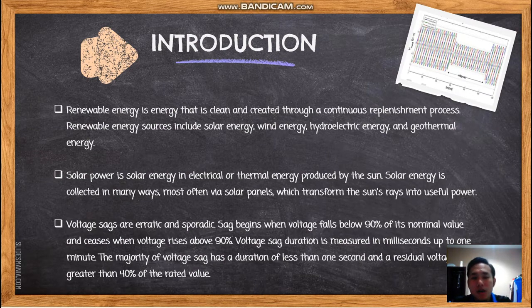Voltage sags are erratic and sporadic. A sag begins when the voltage falls below 90% of its nominal value and ceases when the voltage rises above 90%. Voltage sag duration is measured in milliseconds up to 1 minute. The majority of voltage sags have a duration of less than 1 second and a residual voltage greater than 40% of the rated value.